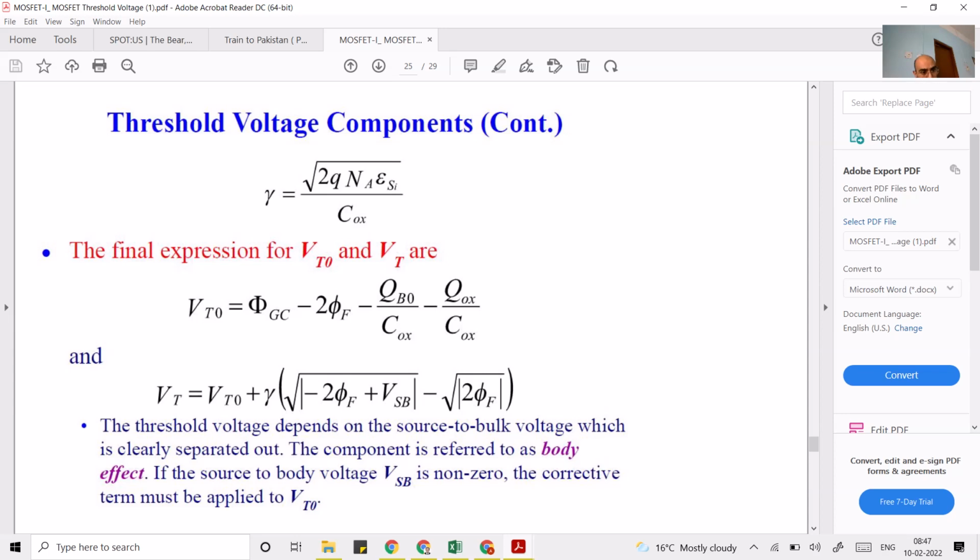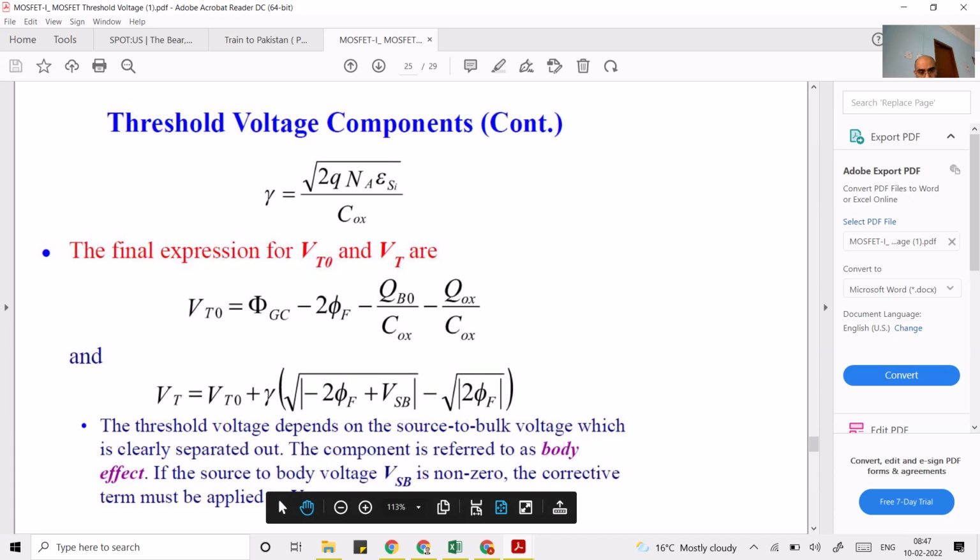So you should know this body effect coefficient, the Fermi potential, and the VSB, whatever voltage you are using. This is the general equation which you get.